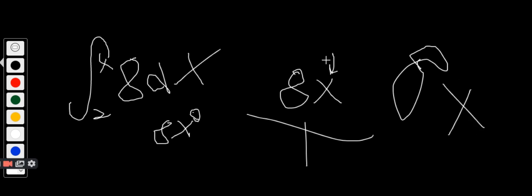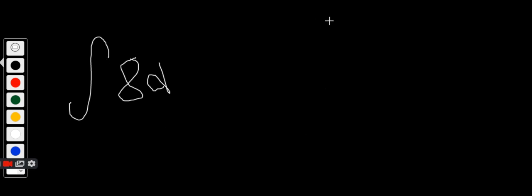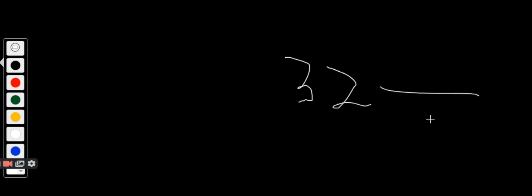So let's plug in 4. 8 times 4 is 32, and we need to subtract from it the value at 2. Let's plug in 2, which is 8 times 2, which is 16.